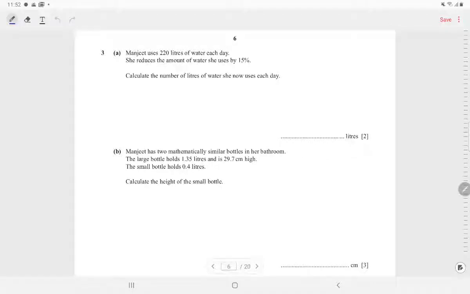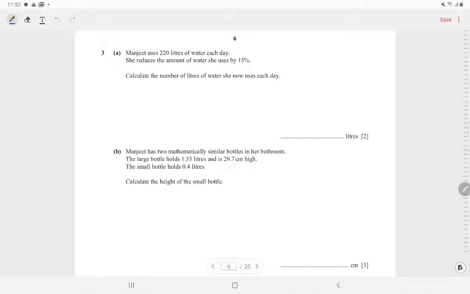Okay, next. Number 3. Manjit used 220 liters of water each day. She reduced the amount of water she used by 15%. Calculate the number of liters she used each day.